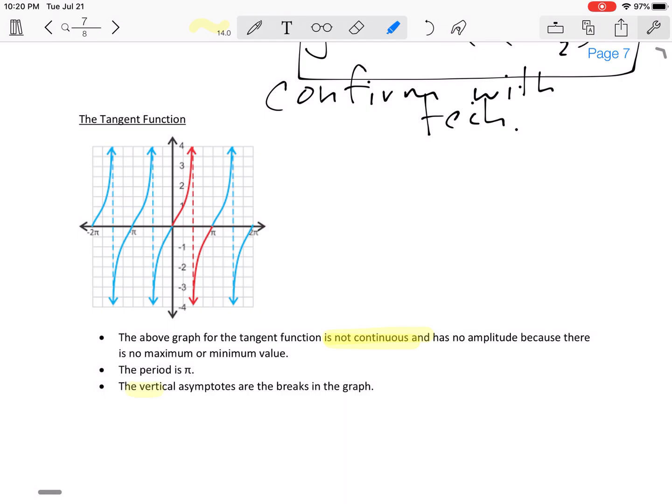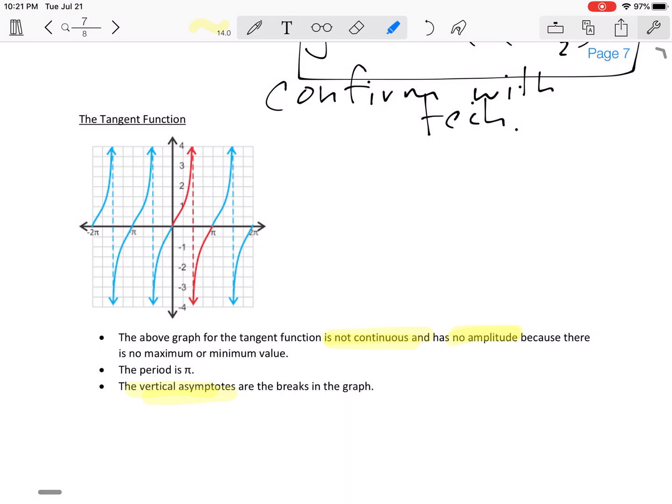That's defined by these vertical asymptotes, which are the breaks in the graph that prevent it from being continuous. So you want to know where the vertical asymptotes are, because that's where your invalid value of tan of theta is going to be.